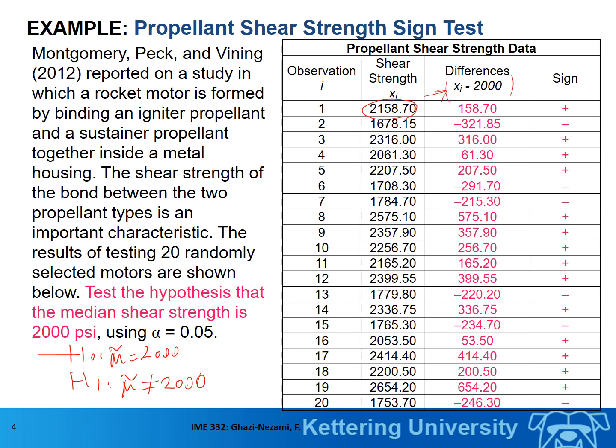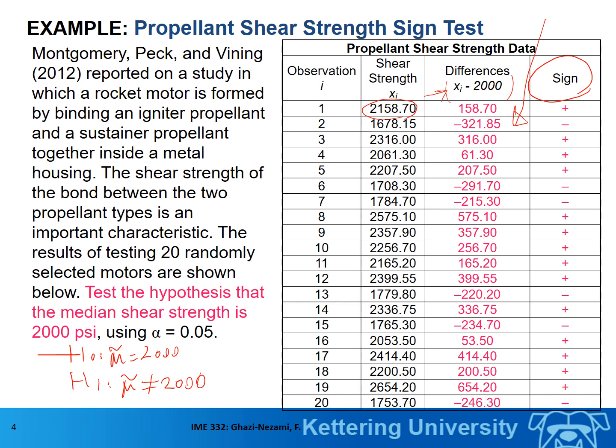X minus 2000. In this column, I have calculated the differences, but I really do not care about the magnitude. All I care about in the sign test technique is only the sign of that difference. Some of these differences are positive, and some are negative.